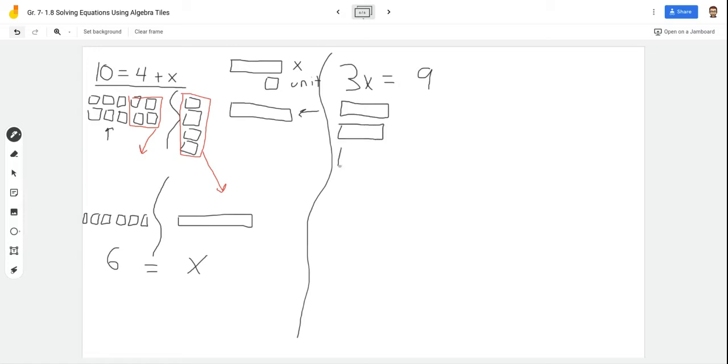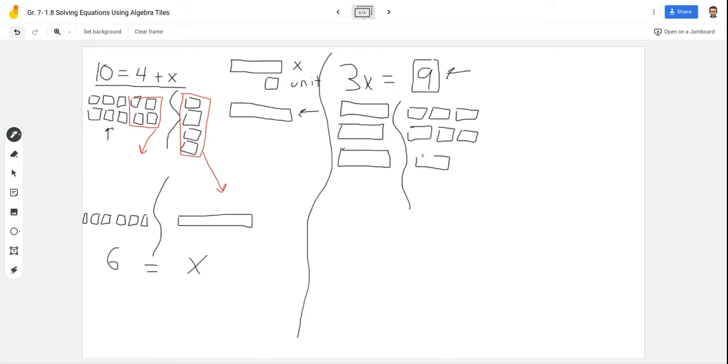Now we really like it when we get these multiplication ones. They're quite simple, because now I take the remainder of these 9 tiles that I put in that black square, and I'm going to organize these 9 unit tiles into 3 equal groups. Just like this. So there's my second 3, so there's 6.